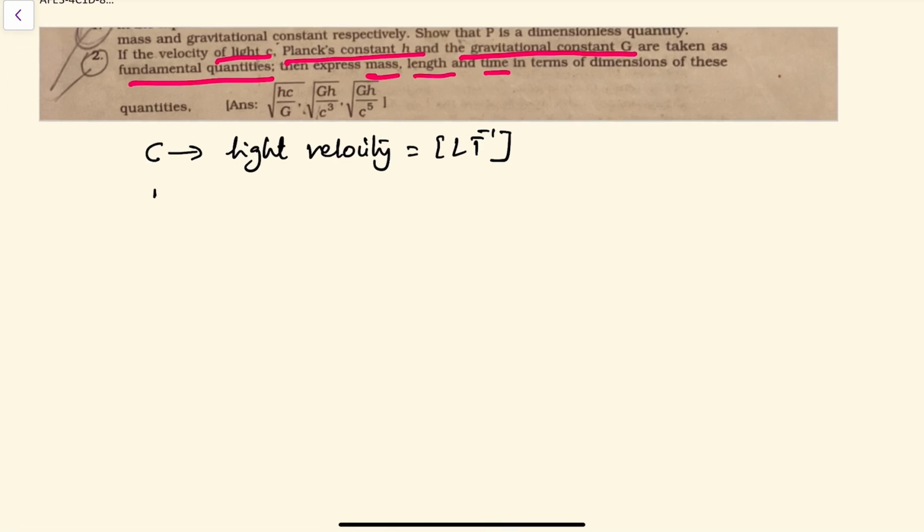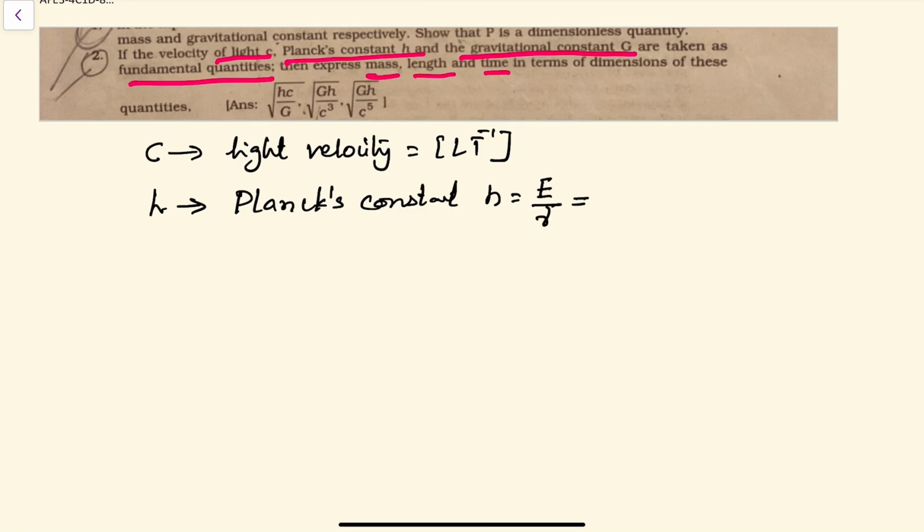C is a velocity, light velocity, L T minus 1. Next, h is Planck's constant, h is equal to E by nu.